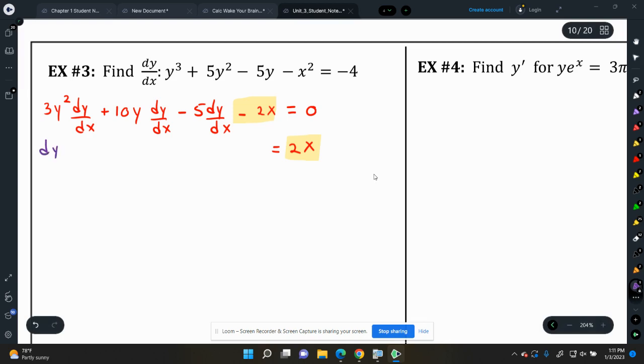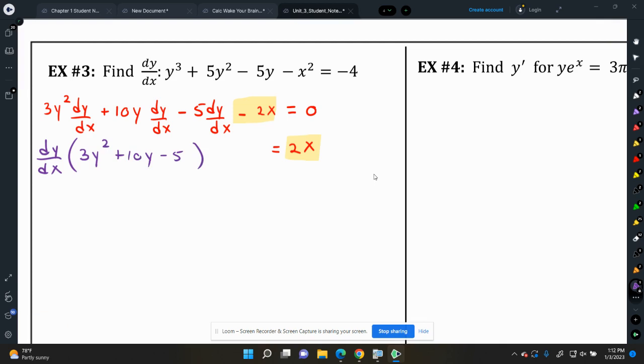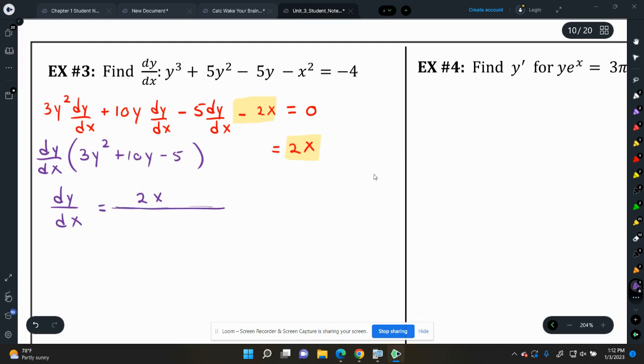Factor a dy dx out, and that leaves us with 3y squared plus 10y minus 5. I need to get dy dx by itself, so it's 2x divided by 3y squared plus 10y minus 5.